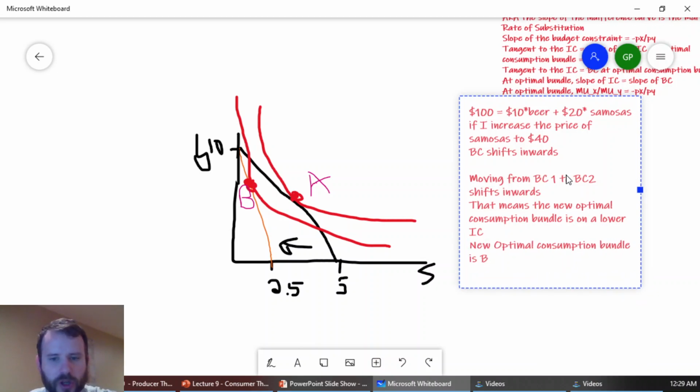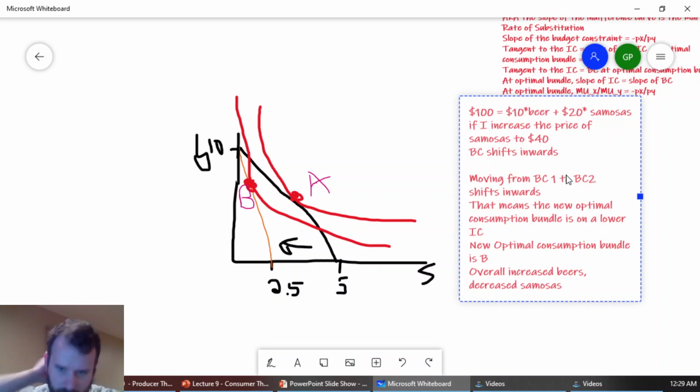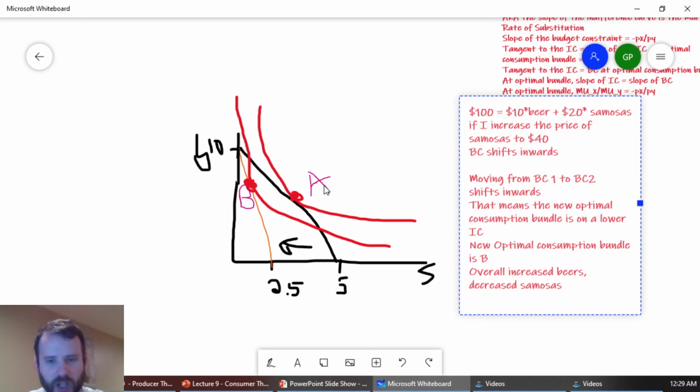And what happened? So overall, increased beers, decreased samosas. So it looks like B is higher than A on the y-axis, but it's definitely lower on the x-axis. So I consume less samosas, but relatively more beer. So why did I increase beer?